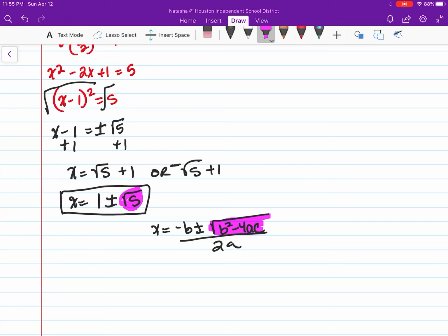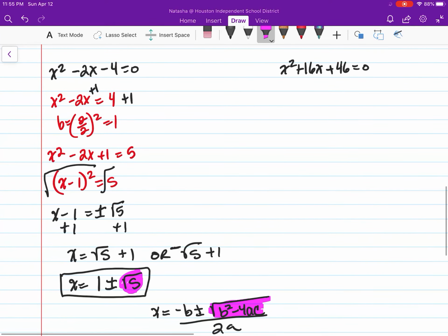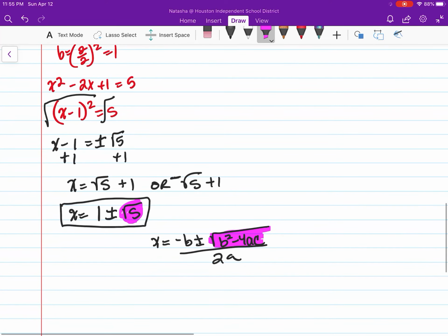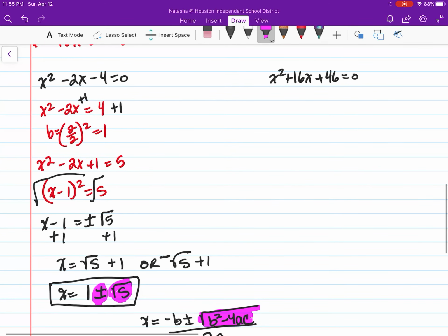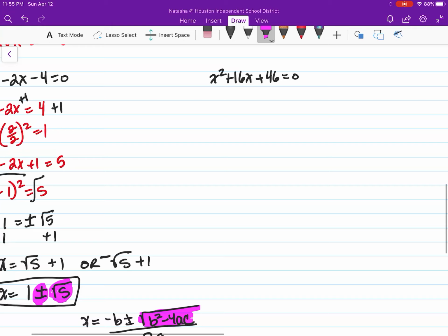Now, that square root of 5, in terms of our quadratic formula, is your square root of b squared minus 4ac. So if you were to take the original trinomial and use the quadratic formula on that, that's how it would work out and simplify to that manner. So I think it's easier to write it this way so that it's similar to your quadratic formula, and it's also easy to identify your plus or minus notation.